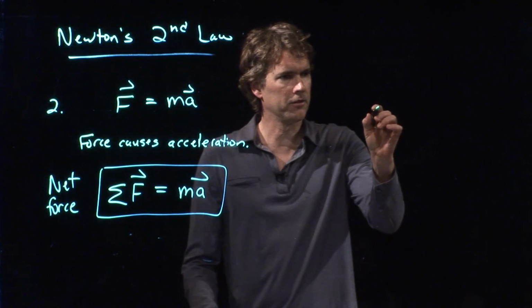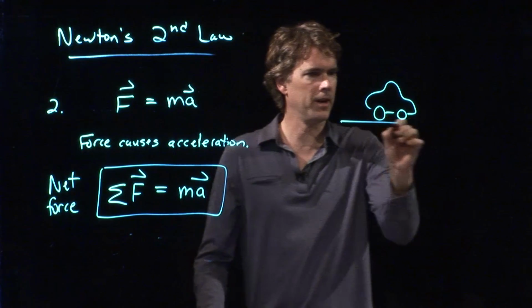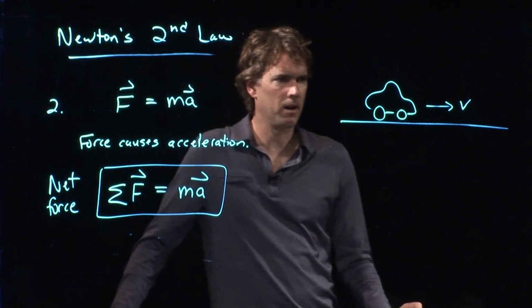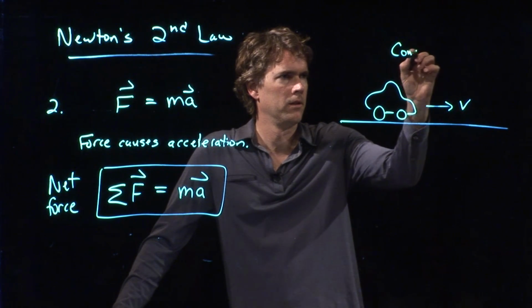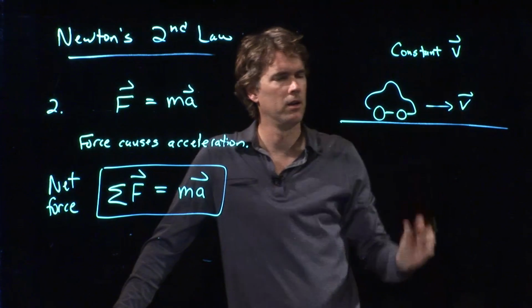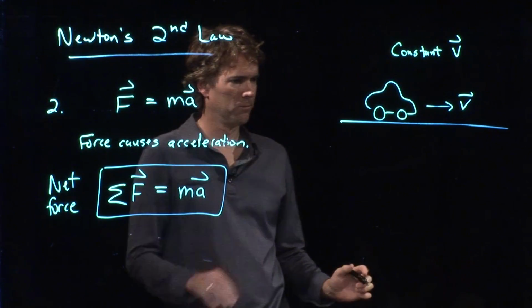So in our example of the car driving down the road, let's see if we can think about what those forces are and how we might draw a free body diagram to represent that. Okay, what do you think?